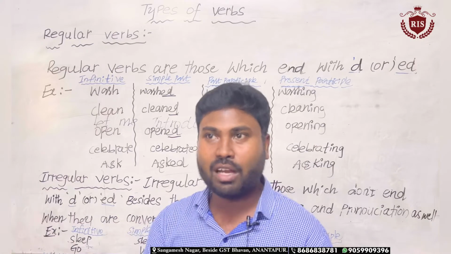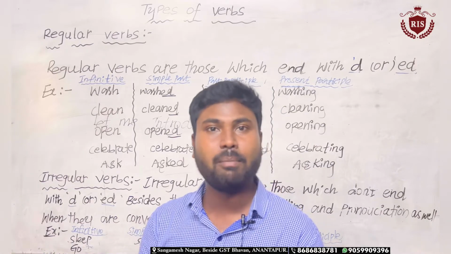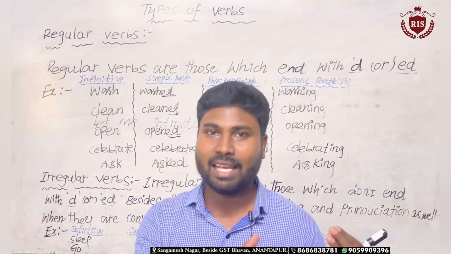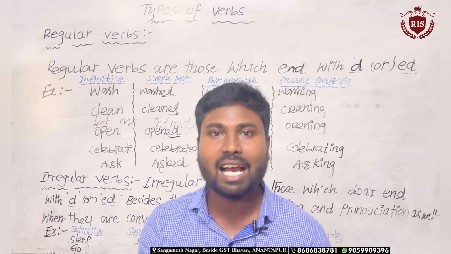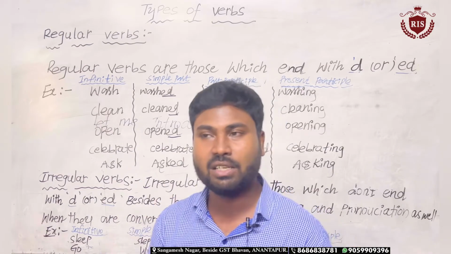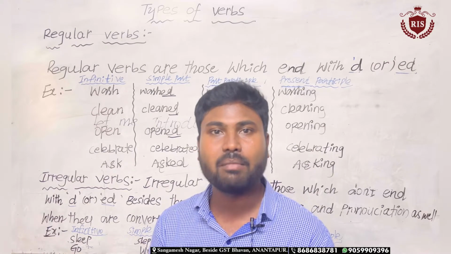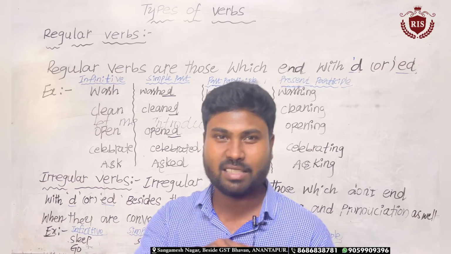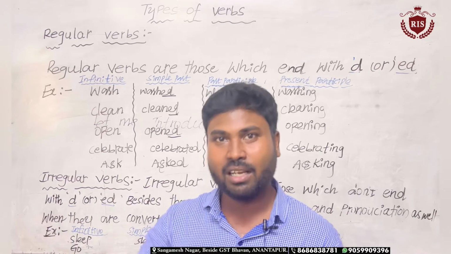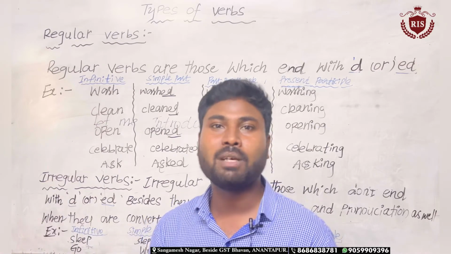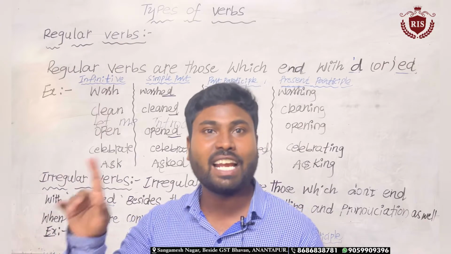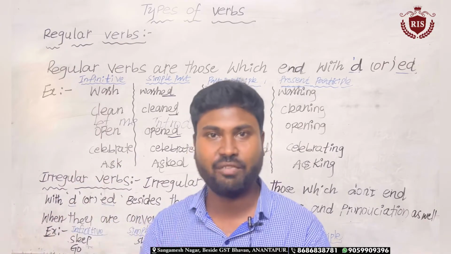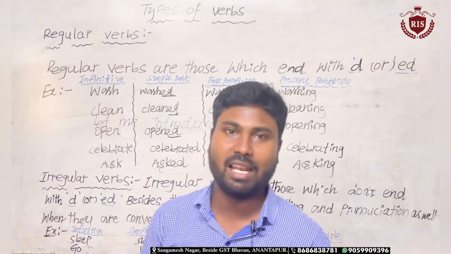Next, when you convert that into the past participle, it became drunk. See, drink spelling is drink. When you convert this into the simple past, it became drank. See, the pronunciation is different. So let's move to the past participle. It is again drunk. Again the pronunciation is different, as well as the spelling is different.